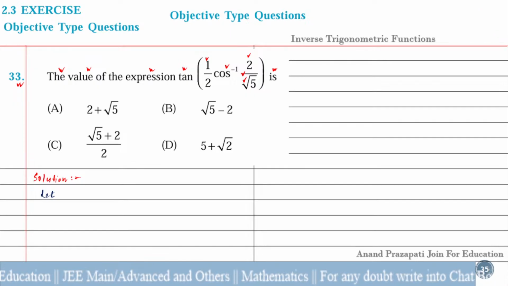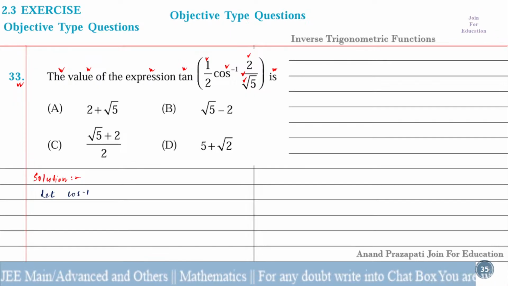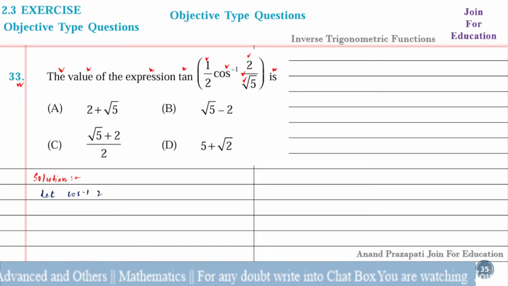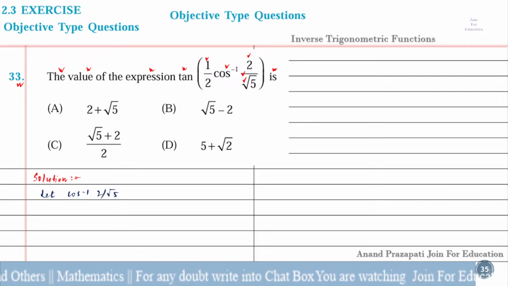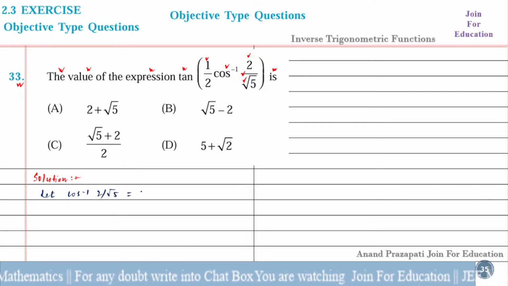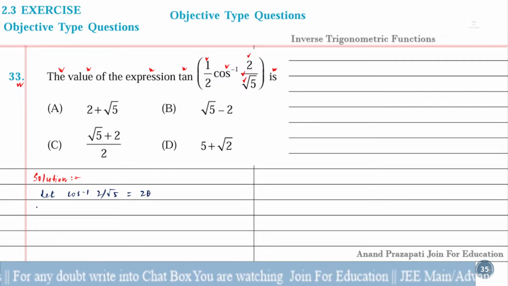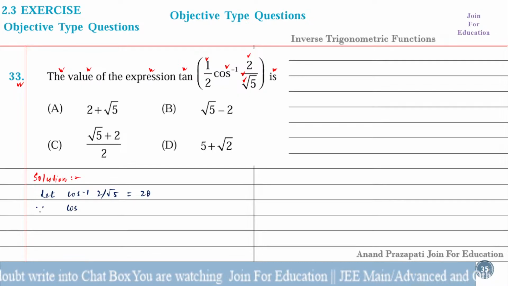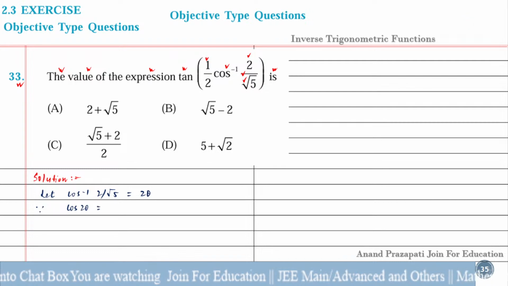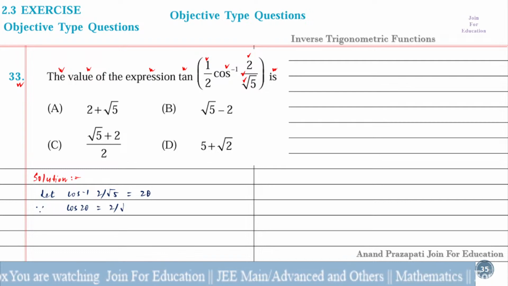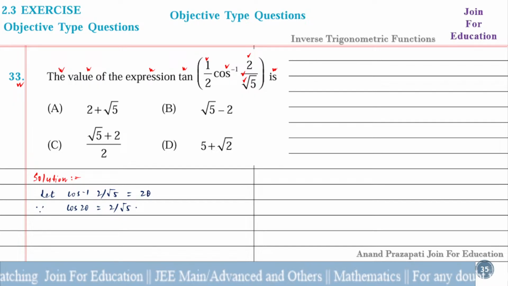Let cos inverse 2 by root 5 equal to 2 theta. Therefore, cos 2 theta equal to 2 by root 5.